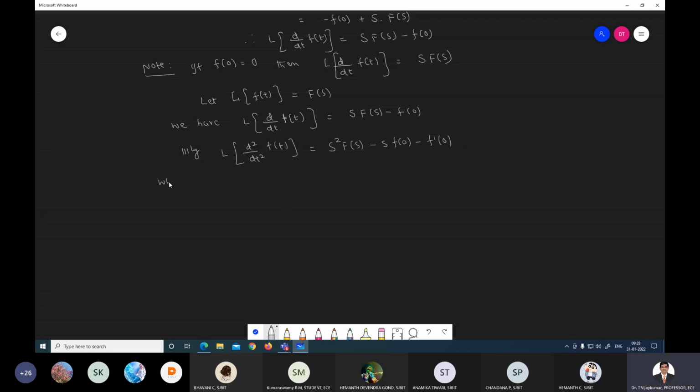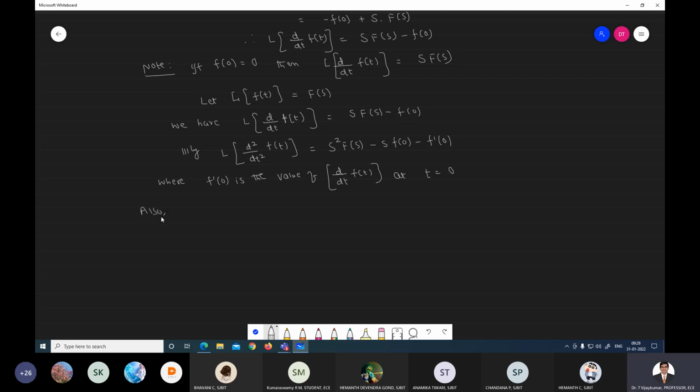Here f dash 0 is the value of d by dt of f of t at t equal to 0.